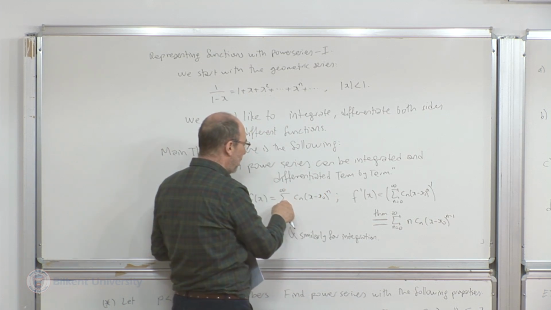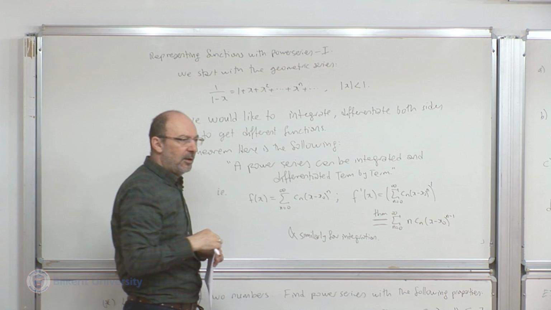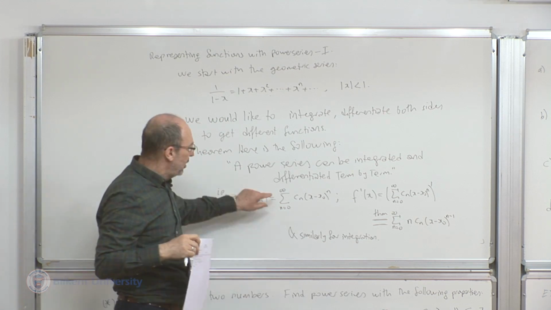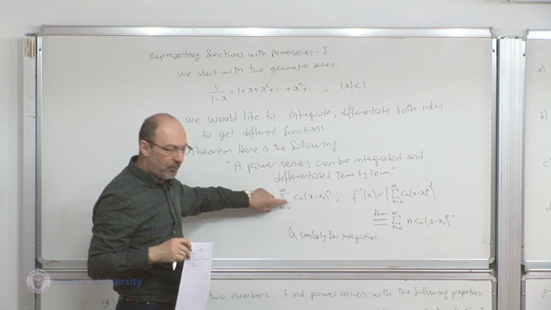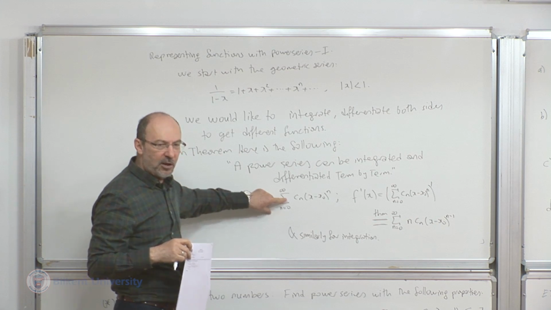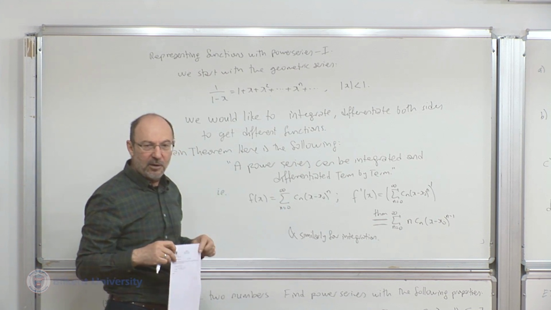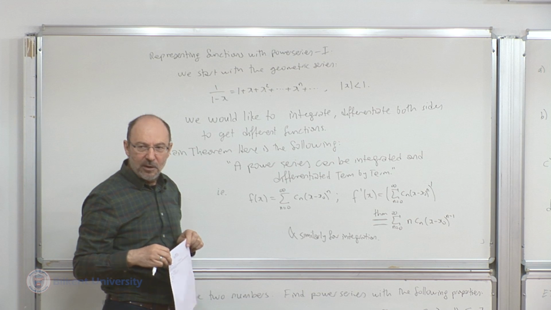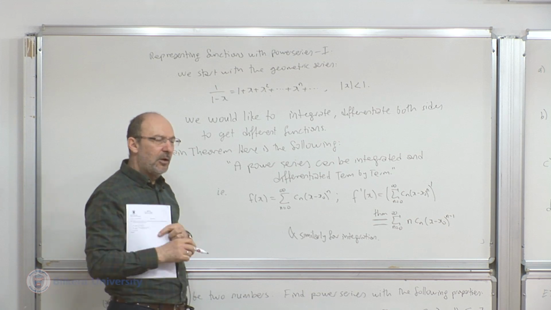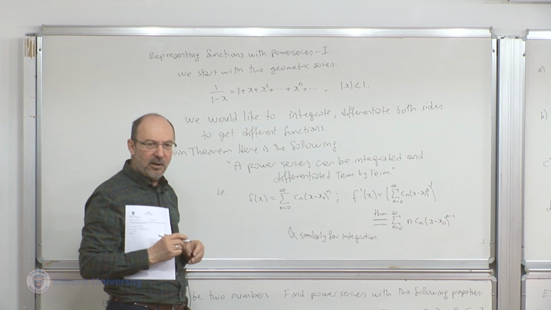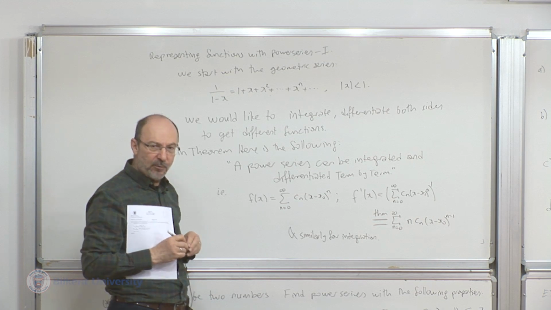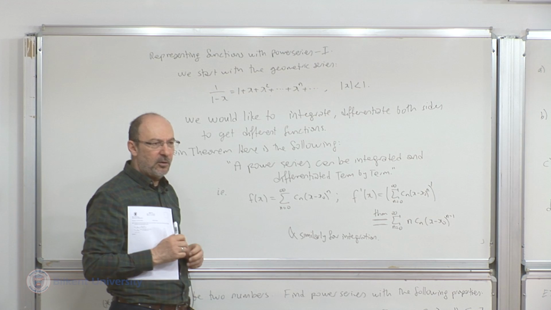The question is, term-by-term integration means: can I change the places of integral and summation? This is an infinite sum, so this is a limit of the sequence of partial sums. The integral is again a limit of Riemann sums. So this is one of the main problems studied in advanced calculus: can you interchange the places of two limits?